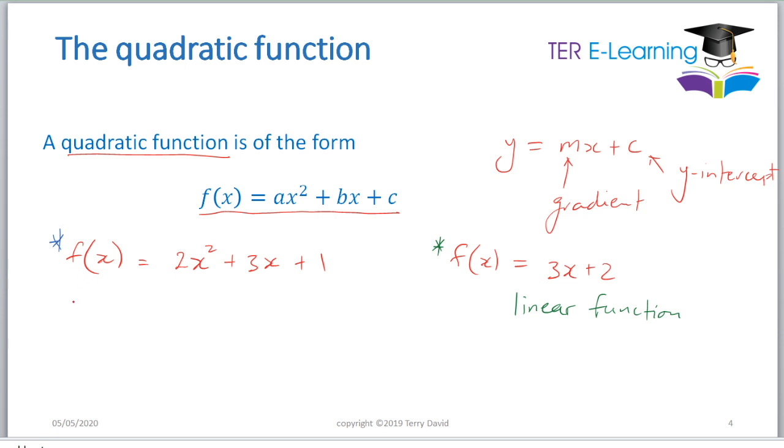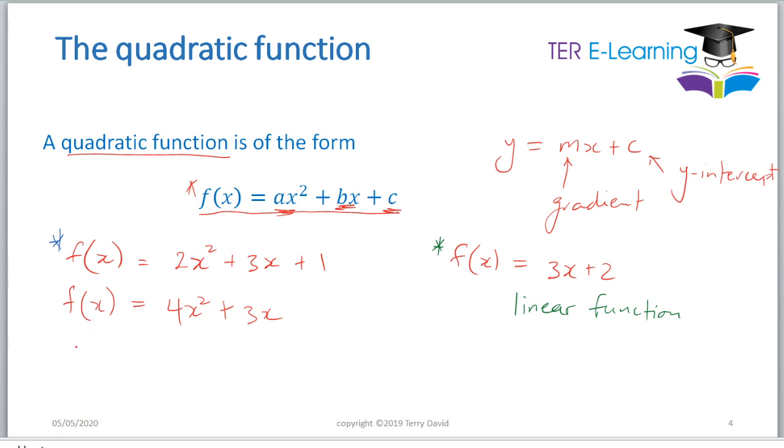Now, if we have something like f of x is equal to, let's say, 4x squared plus 3x, this function is also a quadratic function, even though we are not seeing a constant term. When I say a constant term, you see how we're saying that a quadratic function is ax squared plus bx plus c? c doesn't necessarily have to be there. So 4x squared plus 3x is also a quadratic function.